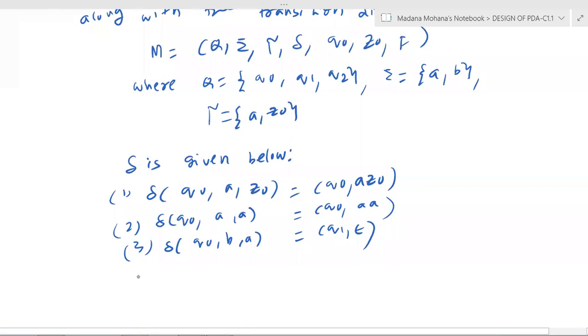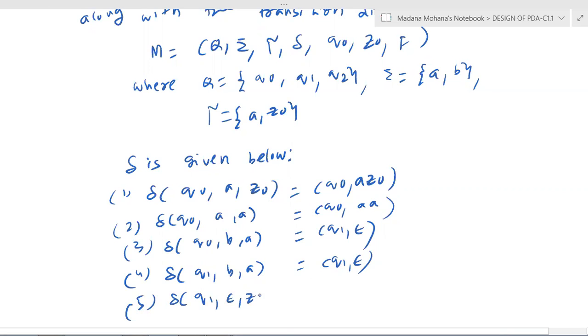Then the fourth transition, delta of Q1, B comma A equal to Q1 comma null. Then the fifth transition, delta of Q1 comma epsilon comma Z naught equal to Q2 comma Z naught.